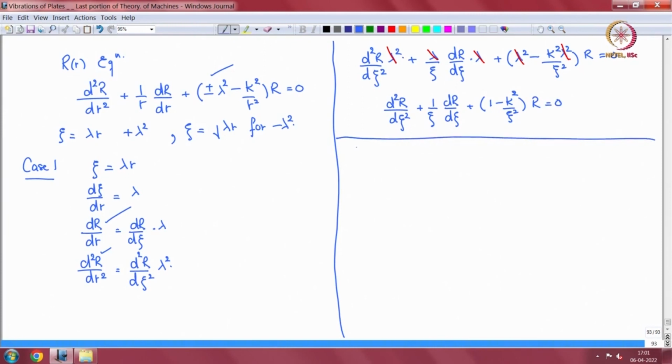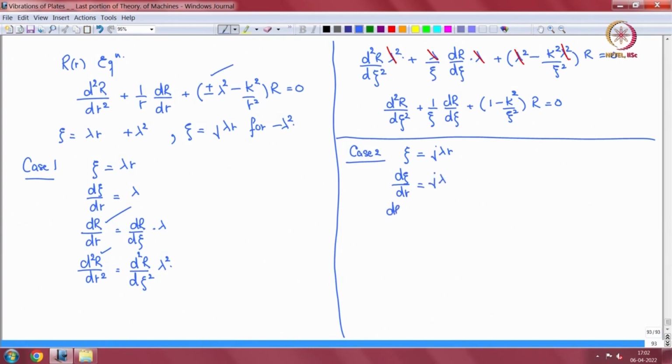Okay. Case 2. Case 2 is xi is equal to j lambda r, which means d xi by dr is equal to j lambda.